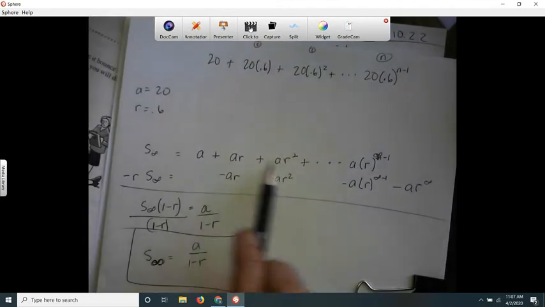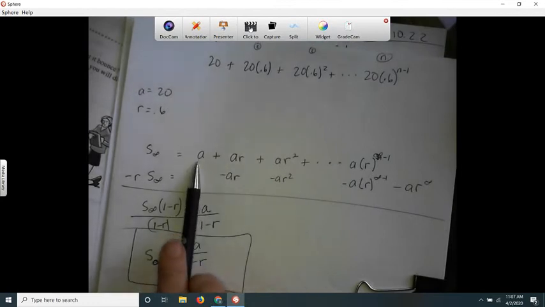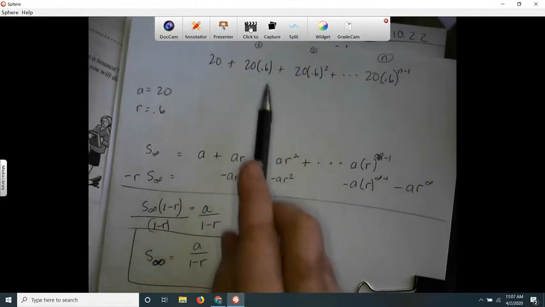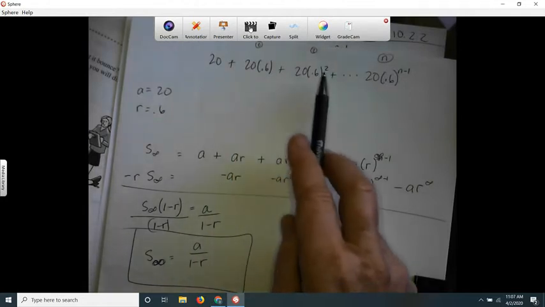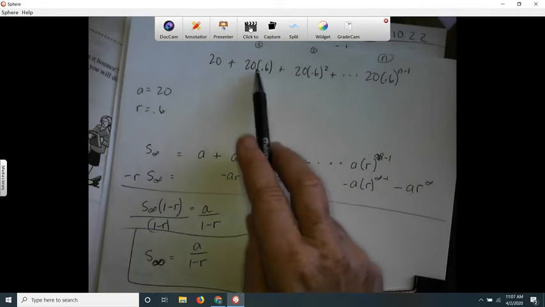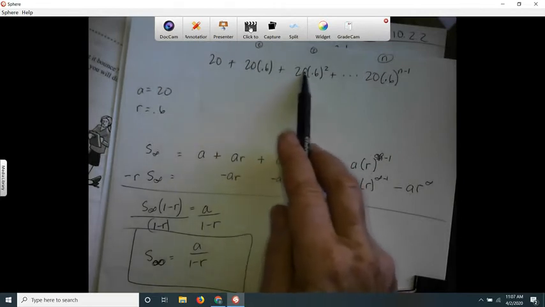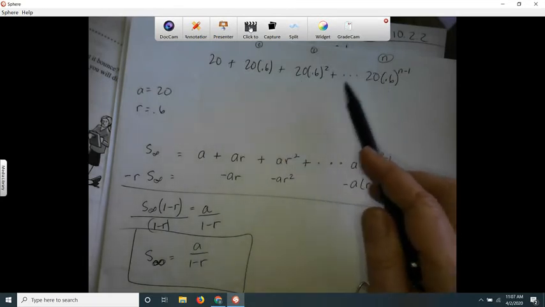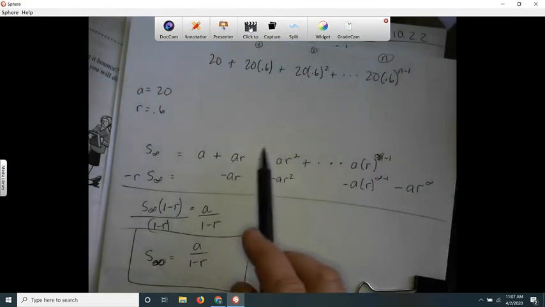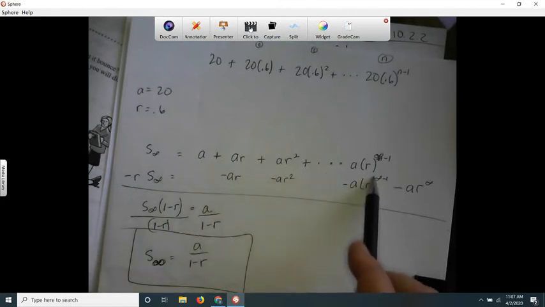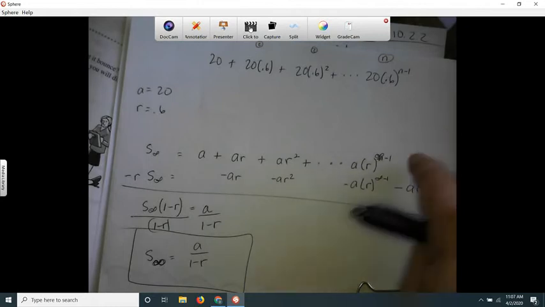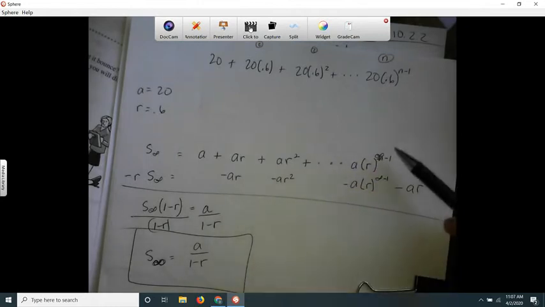Remember, we started with 20, and then we went 20 times r, which was 0.6, and then times 0.6 again, so you can show it like 0.6 squared, 0.6 cubed, or whatever. So I just wrote down the series, but I wrote it going to infinity. I should just show that it's going on forever and ever.